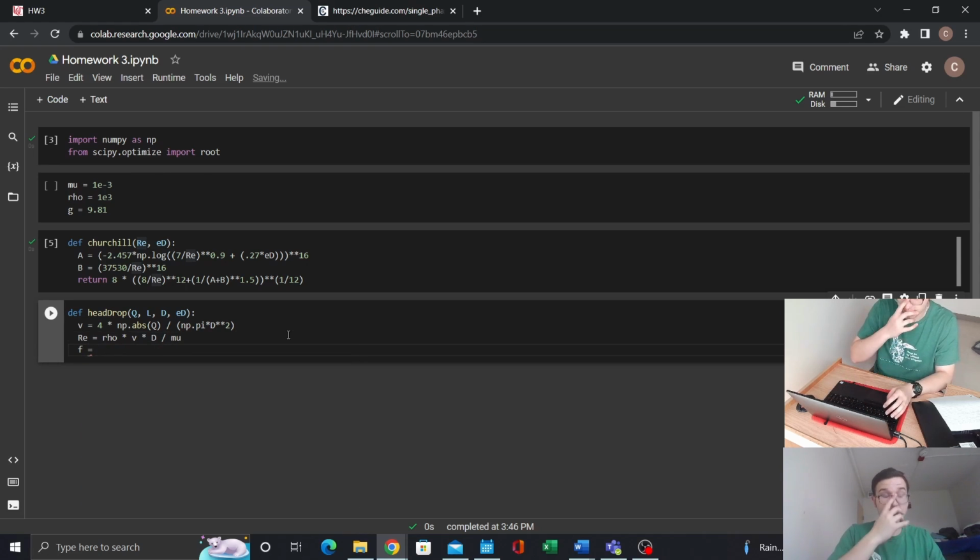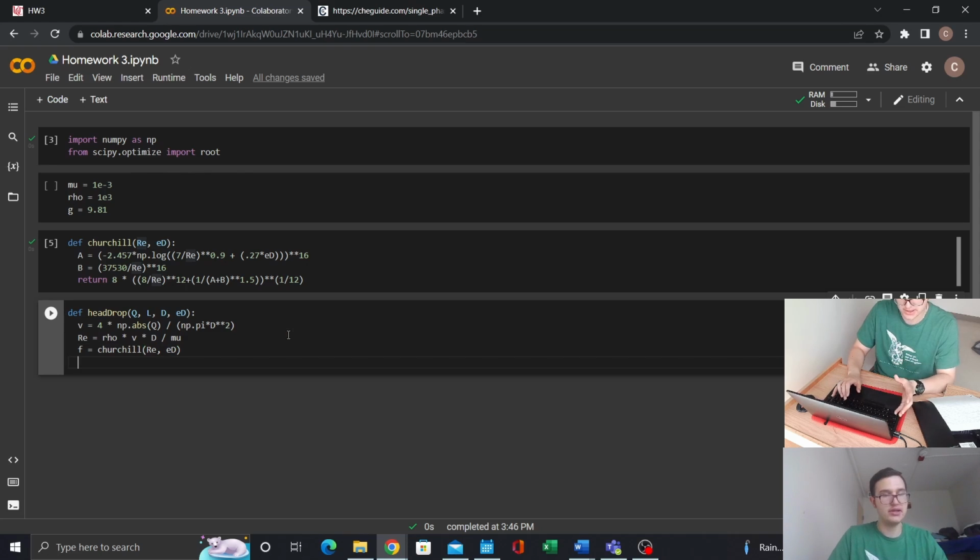And then for the friction factor, we are going to use our Churchill function, given we know the RE and our pipe roughness ratio ED. Notice that ED, that ratio, is given in both the head drop and the Churchill functions. So the value given in the head drop is the value that we used in the Churchill equation.